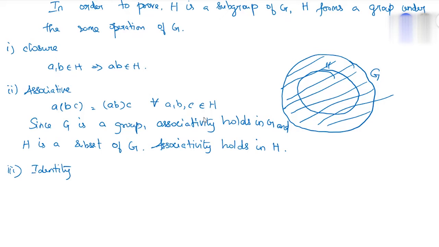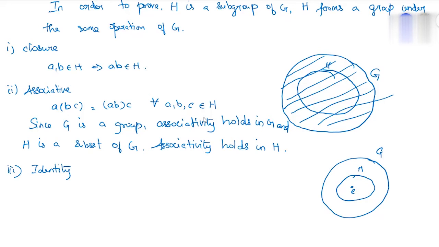We cannot argue the same logic here. Since identity exists for all of G, identity exists for all of H — you cannot argue that, because we have to show that if this is G and this is H, since it's a subset, E is present here.